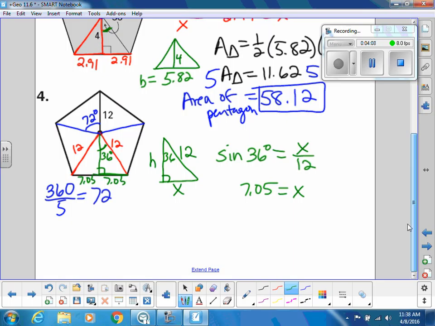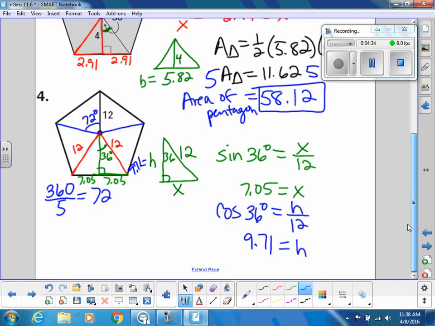All right, now let's do the height. Now we could do Pythagorean theorem if we wanted to, or I could do cosine. I'm just going to stick with trig for right now. So that's going to give me height over 12. So if I do 12 times the cosine of 36, that gives me a height of 9.71. So this is 9.71.